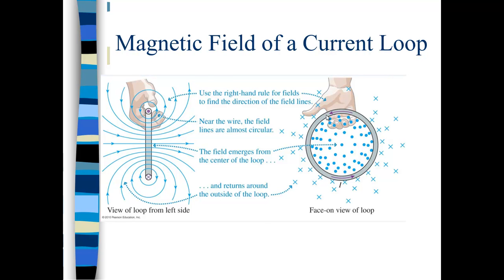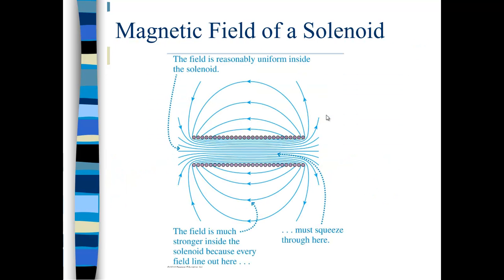Okay, if you have a solenoid, then we can use the right hand rule on top. Current is going out of the page. And so the magnetic field is going through the solenoid, this coil of wires, and it's very intense inside.